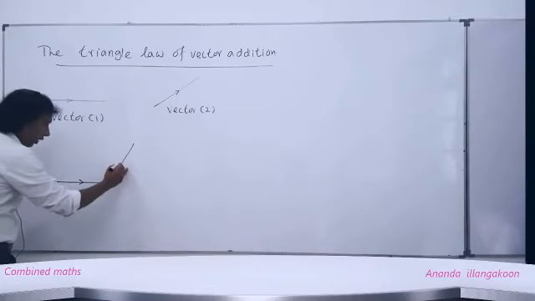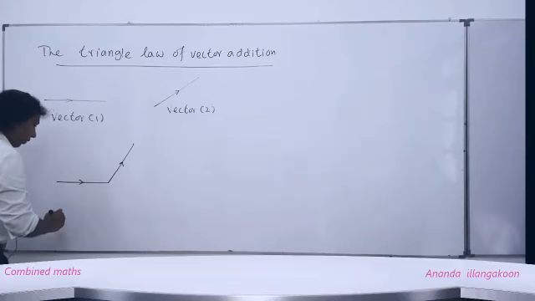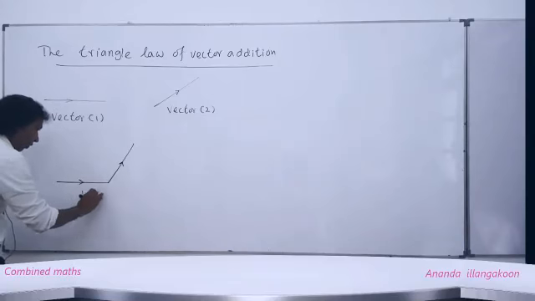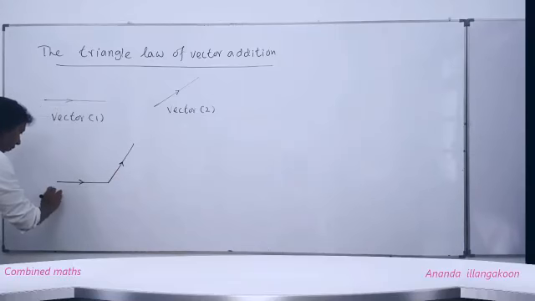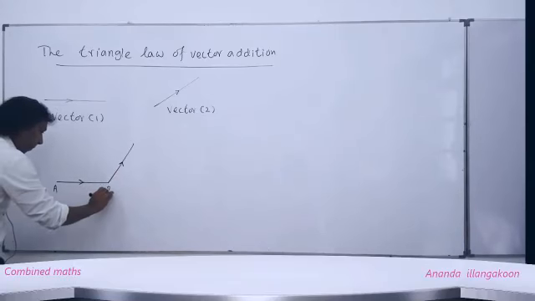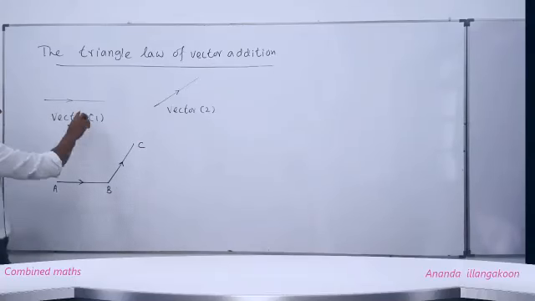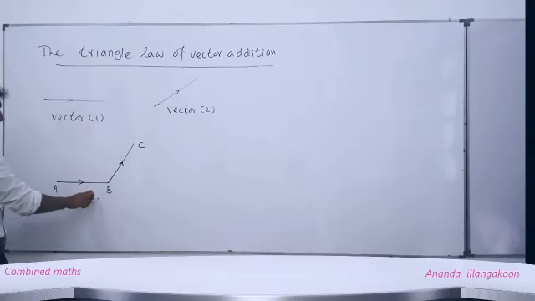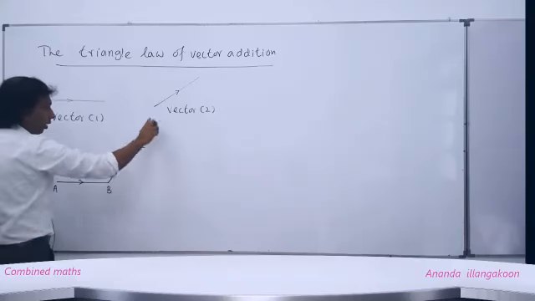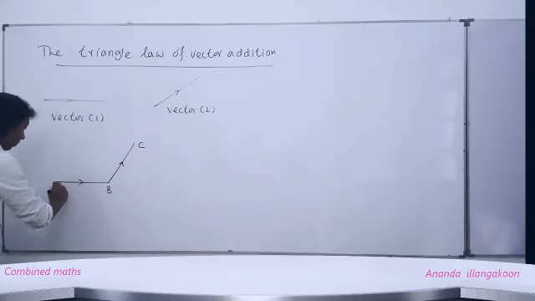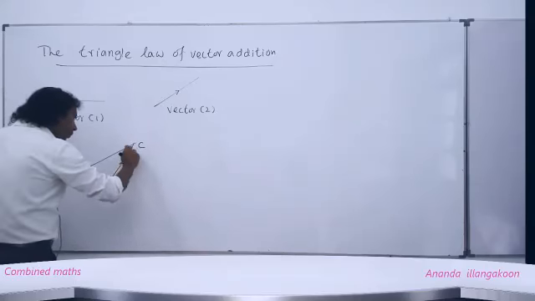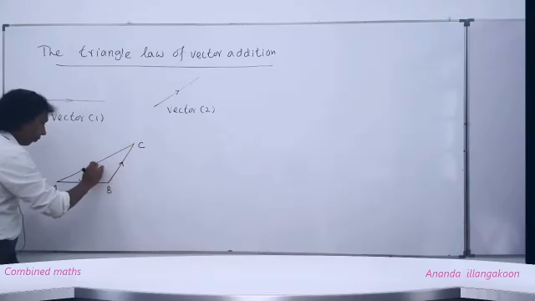They are adjacent sides now. I denote this vector by AB and this vector by BC. Therefore vector 1 is represented by AB, vector 2 is represented by BC. Then their sum is given by AC.